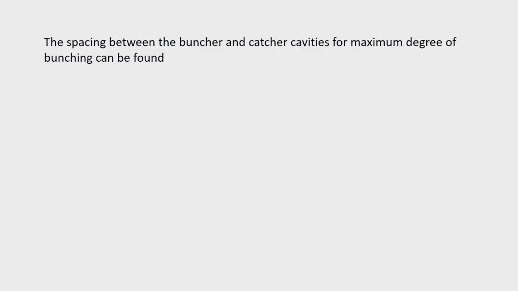Delta L gives us an expression for the distance where bunching occurs. Let us see how the spacing between the buncher and catcher cavities can be adjusted for maximum degree of bunching.